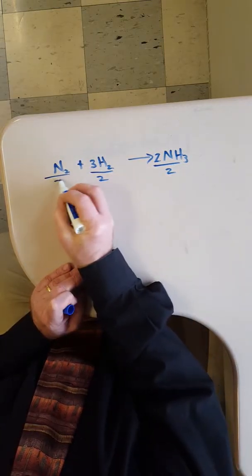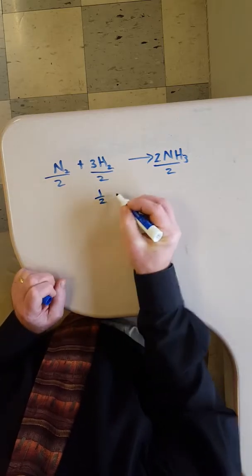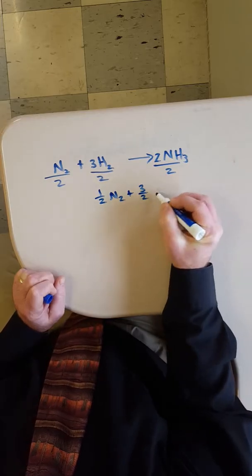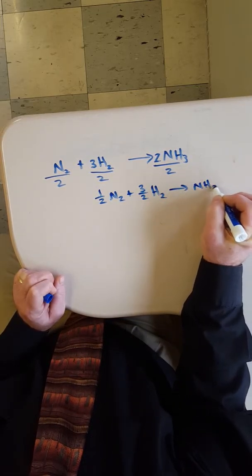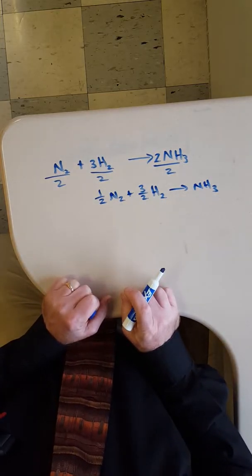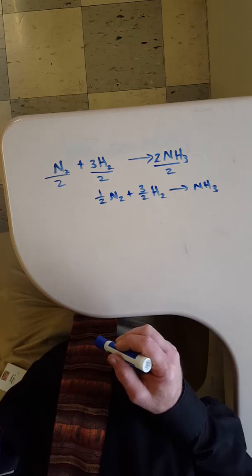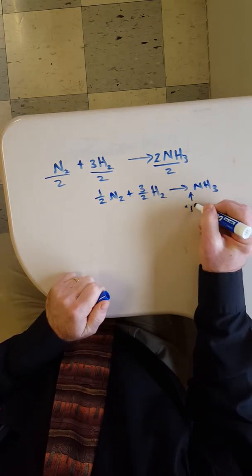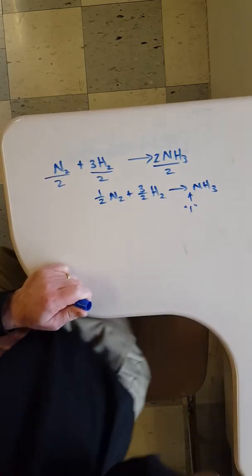So really, my equation in the left-hand box in your worksheet is 1/2 N2 plus 3/2 H2 goes to NH3. Use of fractional coefficients is fairly rare, but certainly not unheard of. It's something we'll do from time to time, but don't let that throw you too much. This is forming 1 mole of ammonia from its elements. Pause.